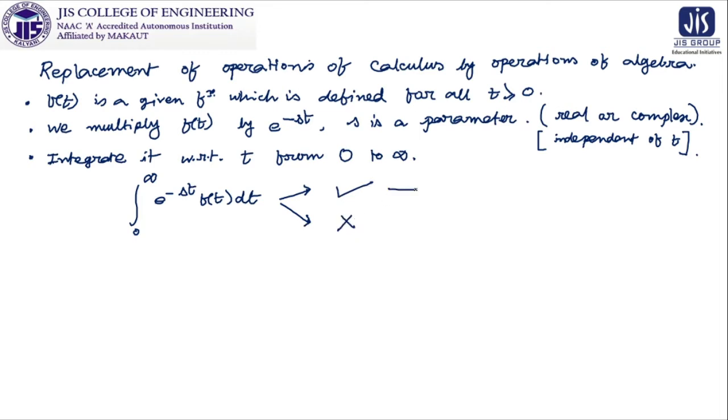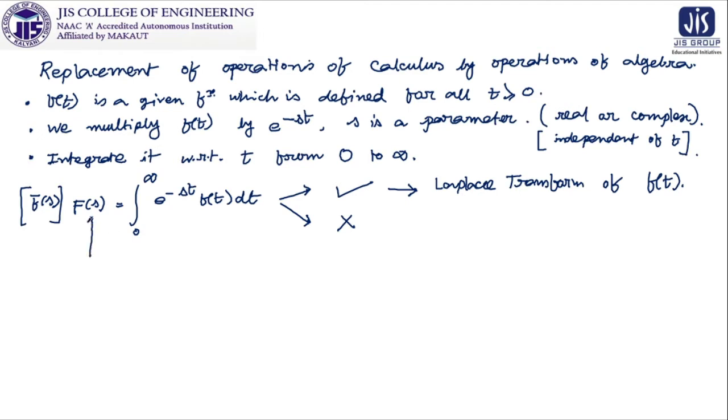If it exists, then we call it the Laplace transform of f(t), and we denote it by F(s), or sometimes by f bar s. Anything you can use. The question is why we are getting this s.